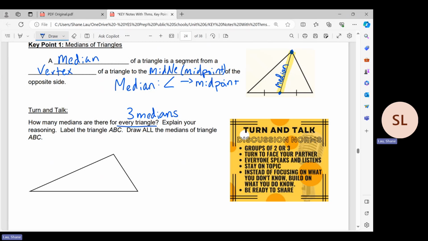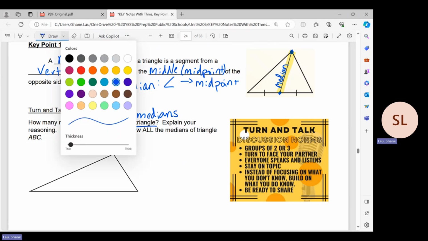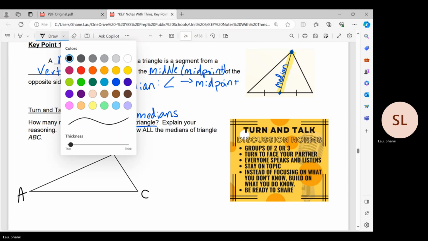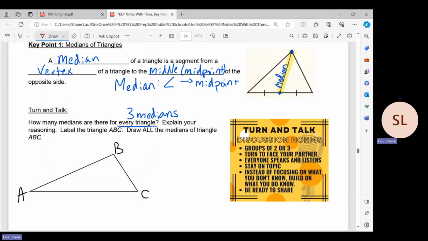So if we were to label this triangle, let's do a different color, using a lot of blue right now. A, B, and C. Let's start with angle A. Angle A must go to the opposite side of itself.